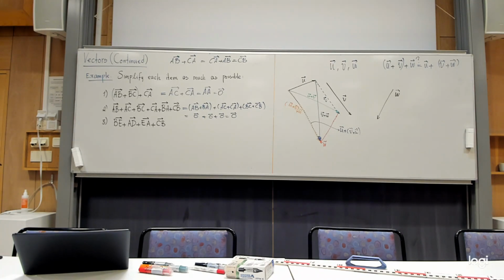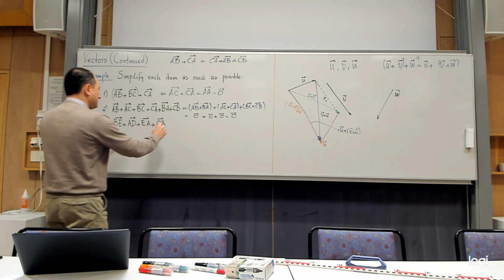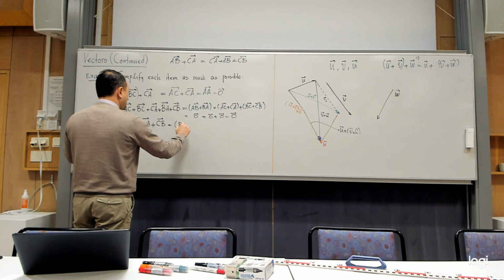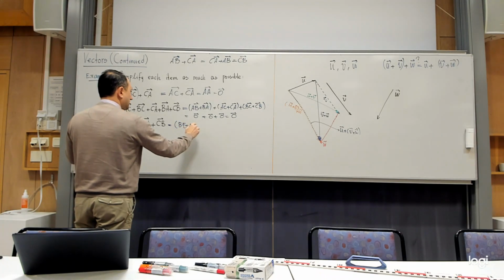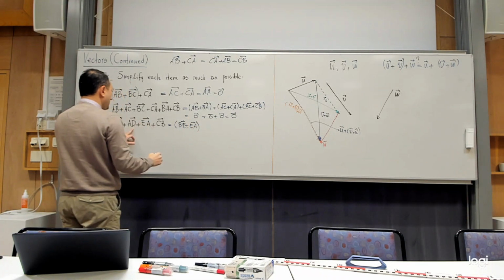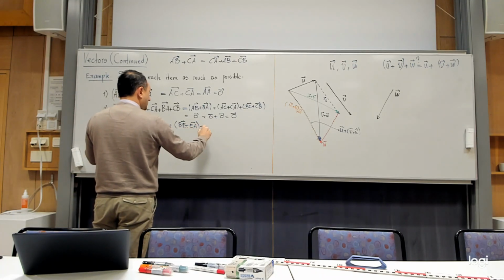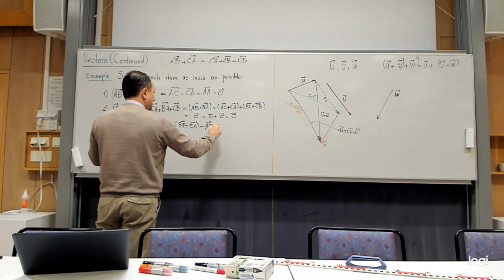Okay, finally for the last one, what is your suggestion? Well, I took first BA and BE and EA. So you group them, so it becomes BE plus EA, it's BA, and then you have AD. So if you want to write equality, you have to be patient and write everything again.